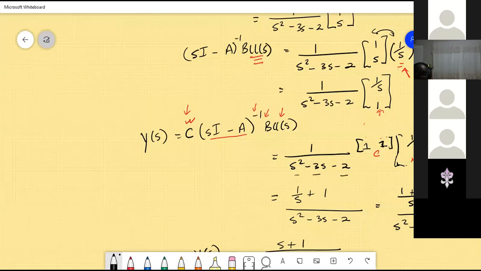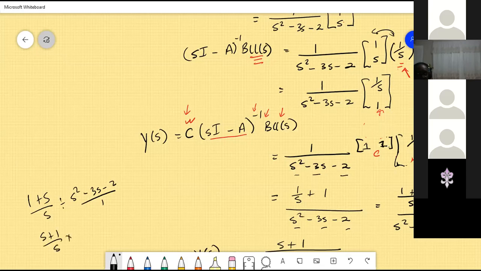So this is s squared minus 3s minus 2. And I simplify that. Simplify the 1 over s plus 1, put everything over a common denominator: 1 plus s over s divided by s squared minus 3s minus 2 over 1. The same thing as put s plus 1 over s multiplied by 1 over s squared minus 3s minus 2.